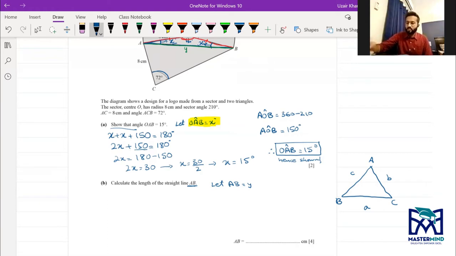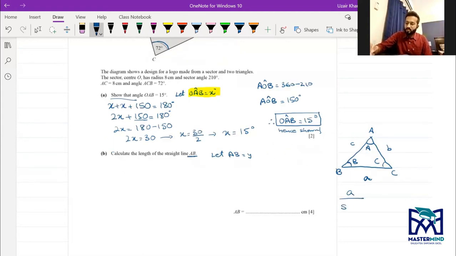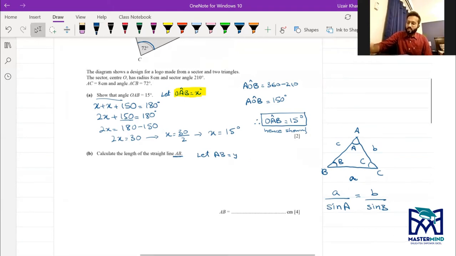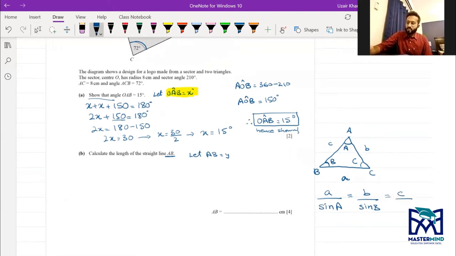So if this length is opposite to angle A, it is labeled as small a. This is angle A, this is angle B, and this is angle C. Now the sine rule suggests that the ratio of length a and the sine of angle A is the same as the ratio of length b and sine of angle B, which is also equal to the ratio of length c and sine of angle C.